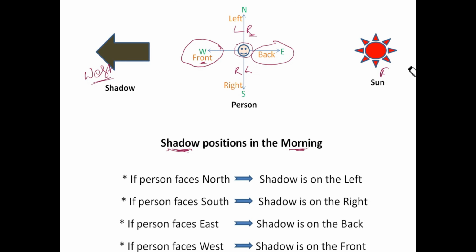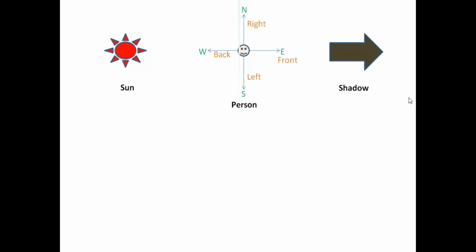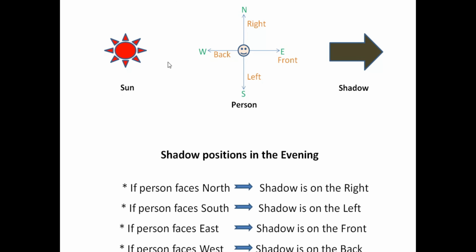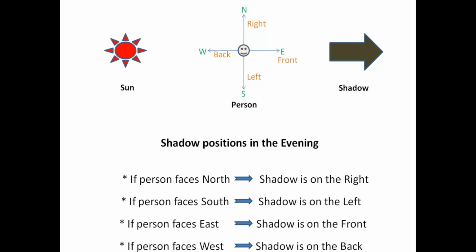Now let's see that evening case also. So in the evening, what is the position of sun? Yes, west. So person is at origin. In the evening, sun is on the west direction.